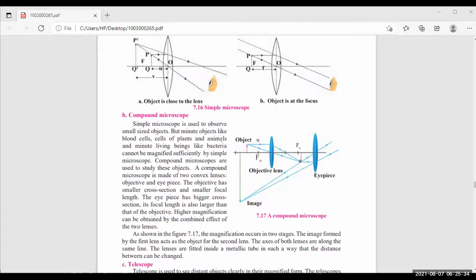So for that reason we have to use the compound microscope, which is used to study the smallest objects which we can't see by our naked eyes.